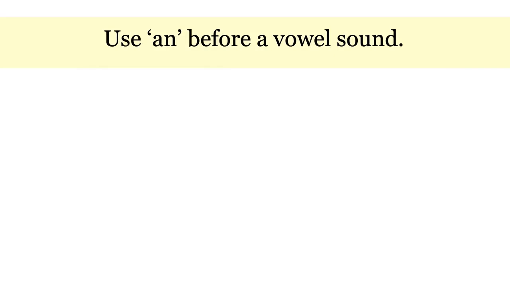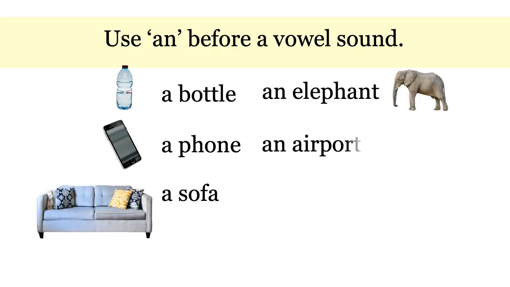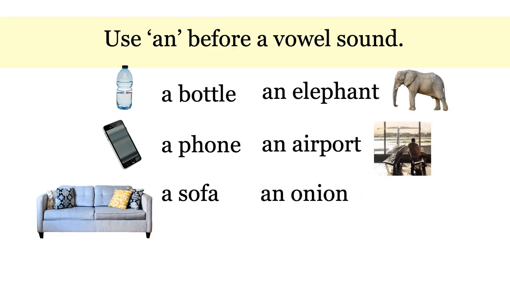Use an before a vowel sound. A and an are the same thing, but we use an when the noun starts with a vowel sound. Remember, the vowels are A, E, I, O, U. Here are some examples. A bottle, a phone, a sofa, an elephant, an airport, an onion.